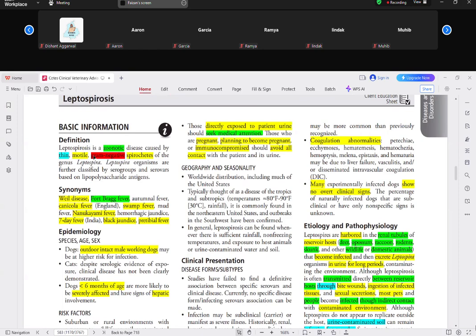So just remember the case presentation: the animal is showing stranguria, hematuria, small urine. This is the first time in its life the animal is showing stranguria and hematuria. So that is the typical case presentation.